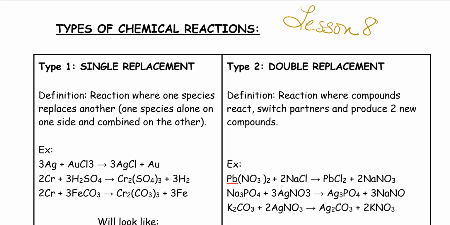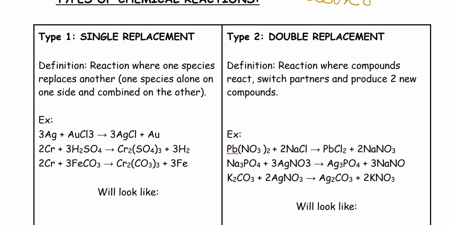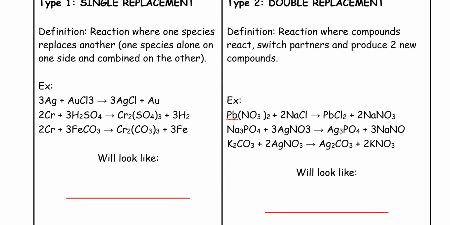So type 1, the first type of chemical reaction that we're going to look at is called a single replacement reaction. A single replacement reaction is a reaction in which one species replaces another, alone on one side and combined on the other.